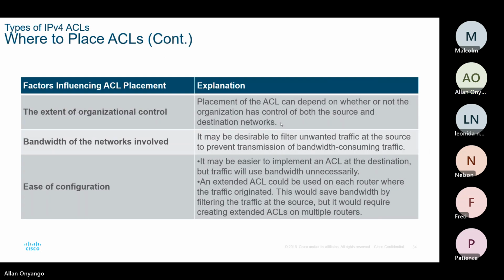Now, what I've said is only for the purposes of answering Cisco exam questions. Otherwise, sometimes you might not have control of either of the routers, the one closest to the source or the one closest to the destination. That means placing of ACLs otherwise will depend on the extent to which you have control within your organizational network.